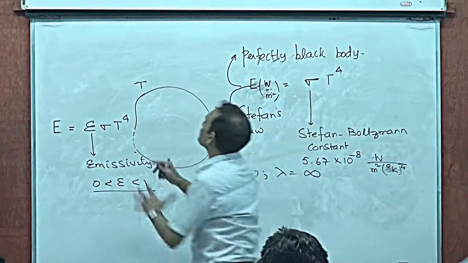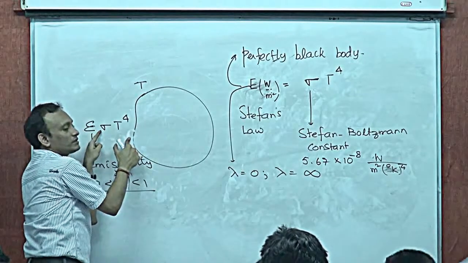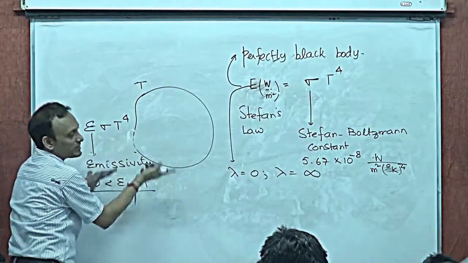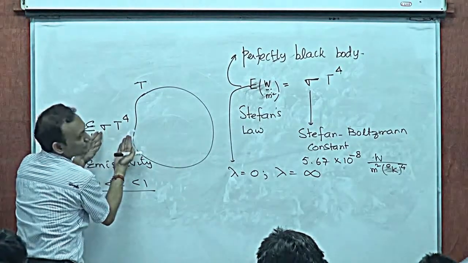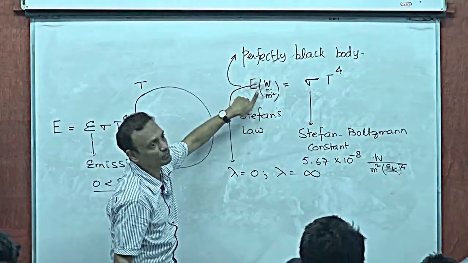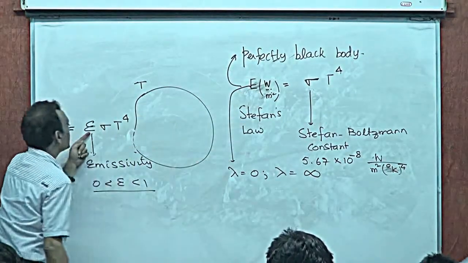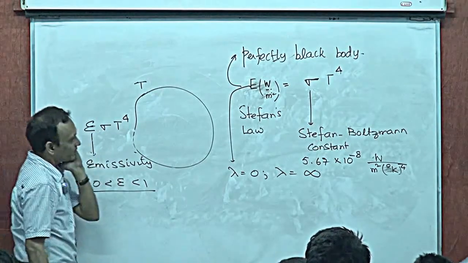Emissivity means what fraction of the perfectly black body signal is being emitted at the same temperature. So if this is 0.5, that means 50% of a perfectly black body is what it emits. For a real body, it's going to be epsilon times what it is for a perfectly black body, right?